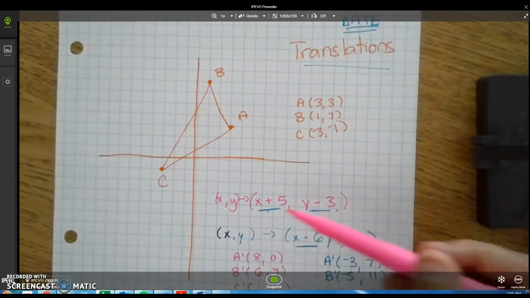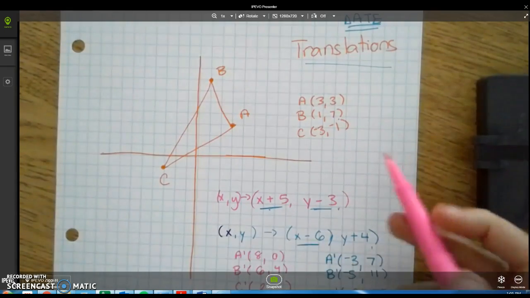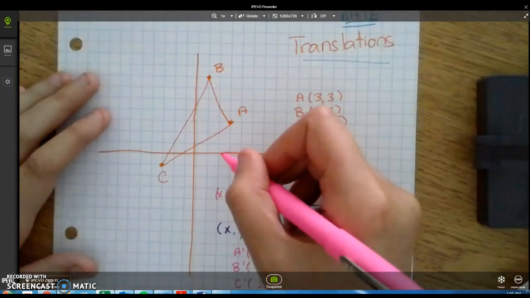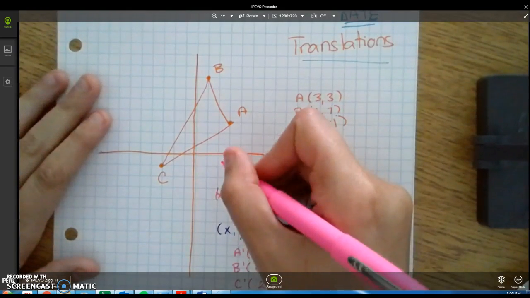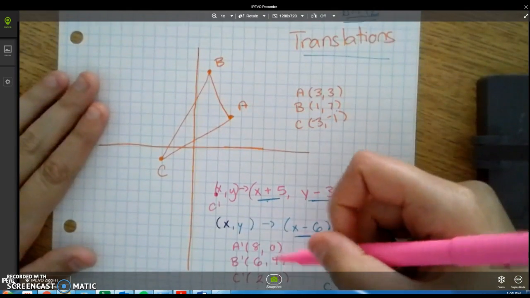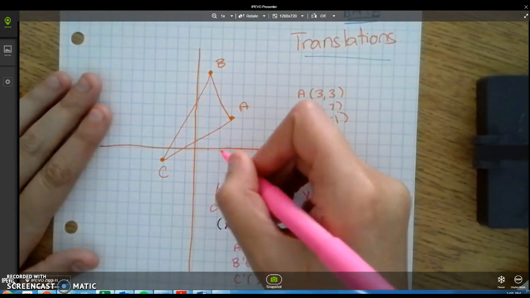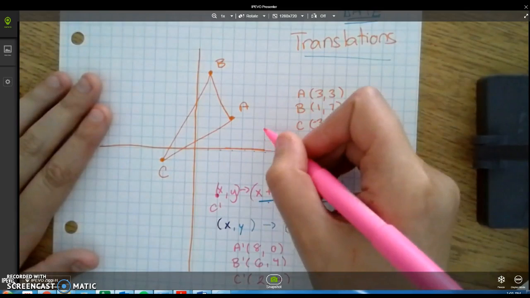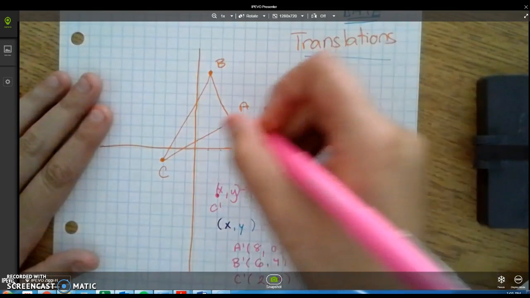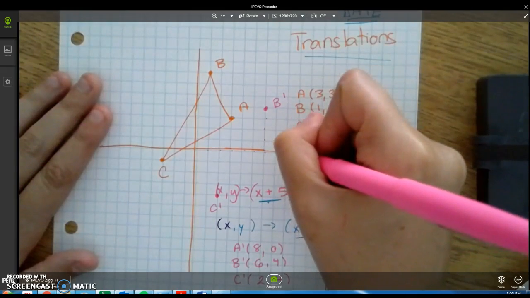Negative 3 plus 5 is 2. Negative 1 minus 3 is negative 4. Remember, x tells me over, that tells me down. 6, 4, 1, 2, 3, 4, 5, 6, 1, 2, 3, 4, 8, 0.